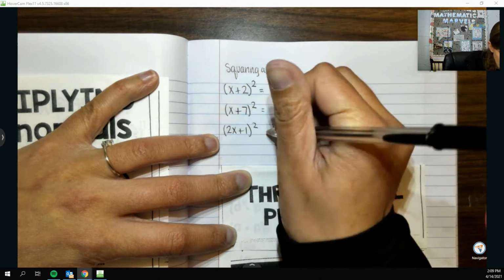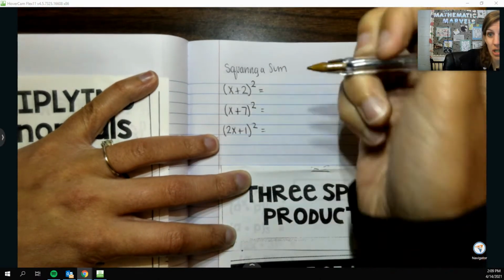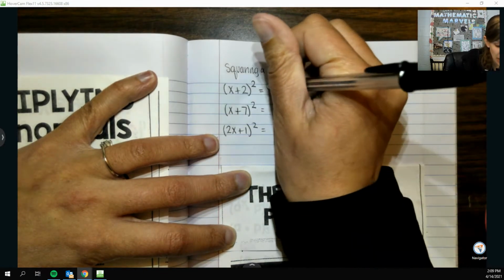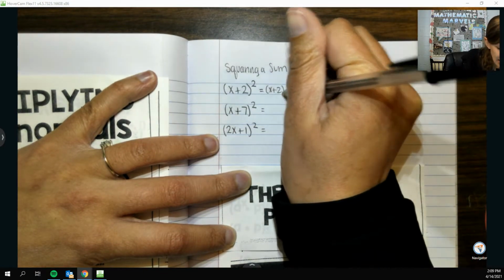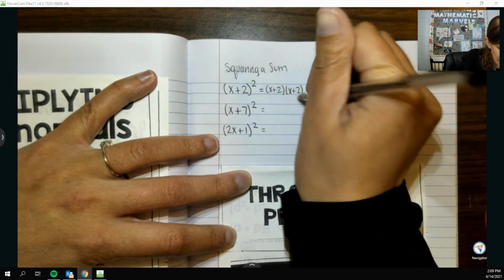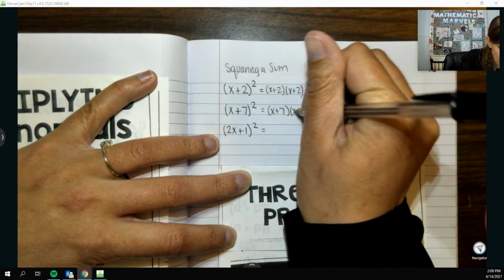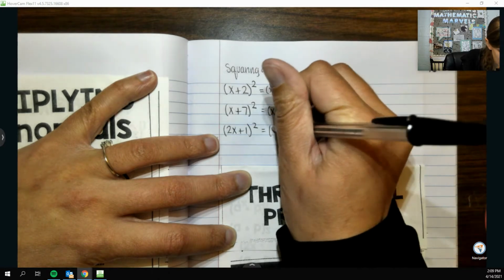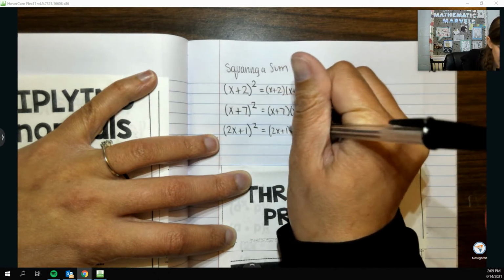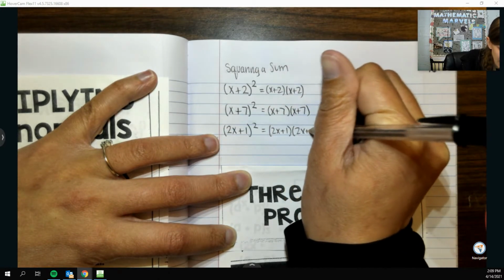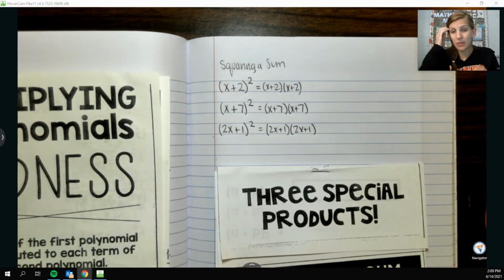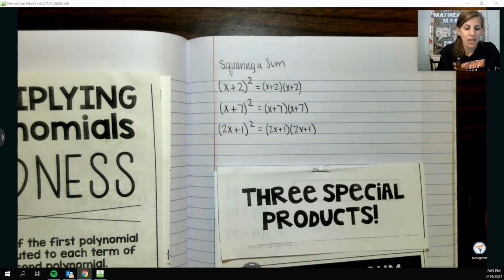Now, when I actually do it, the way that I should think about this is I should really write it twice and then FOIL or do the box or distribute twice or whatever. But something super interesting happens when you do, and it's kind of a shortcut.